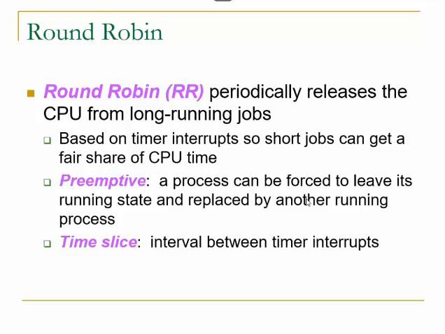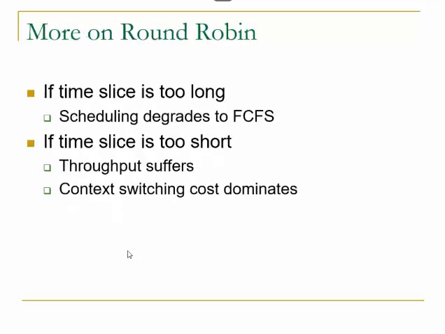It is preemptive, as a process can be forced to leave its running state and be sent to the waiting state, and we can replace it by some other process. And then there is the time slice. The time slice depends on the use of the process, what interval we want to assign to that particular process.